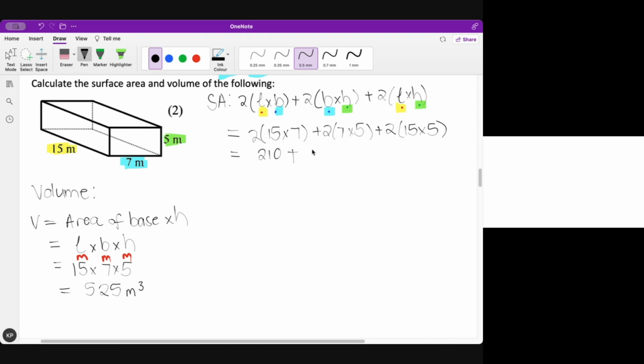That is a 70. Plus 15 times 5 times 2. That is a 150. Okay, final answer. Does anybody have the final answer? Thank you very much. Wandile and Seth. 430, and yes, meters squared.